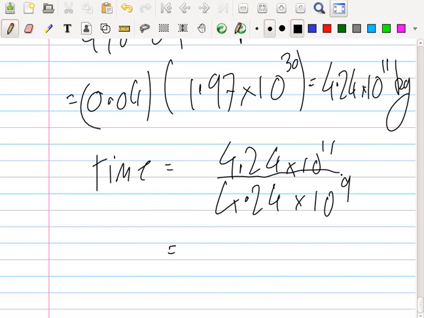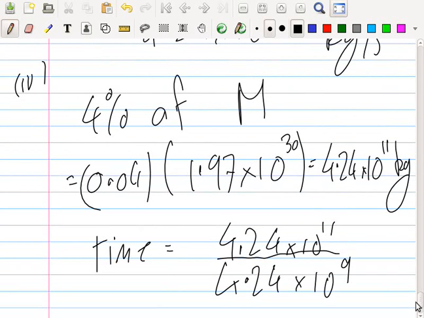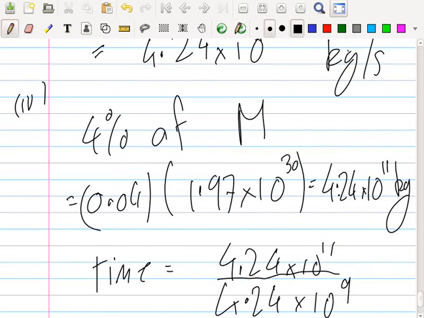Is that right? I think something went wrong here. 4.24 times 10 to the 11. Yeah, that's what I have here. Is it right? Sorry, you have the calculator there. Is that wrong? Yeah. Of course it's wrong.